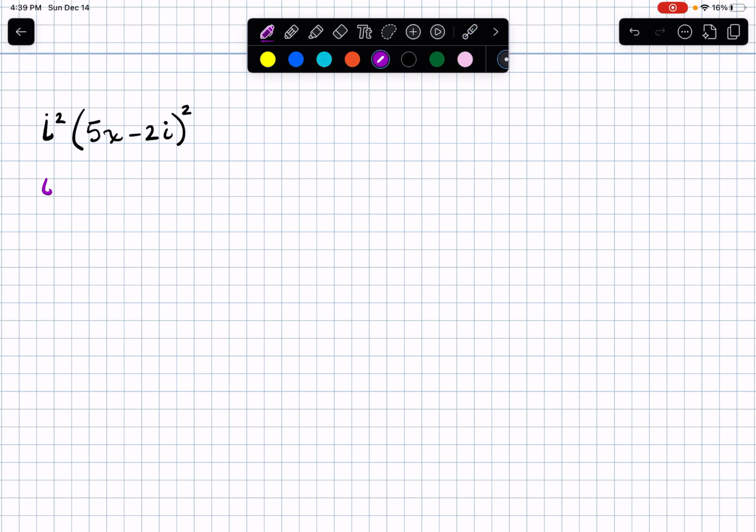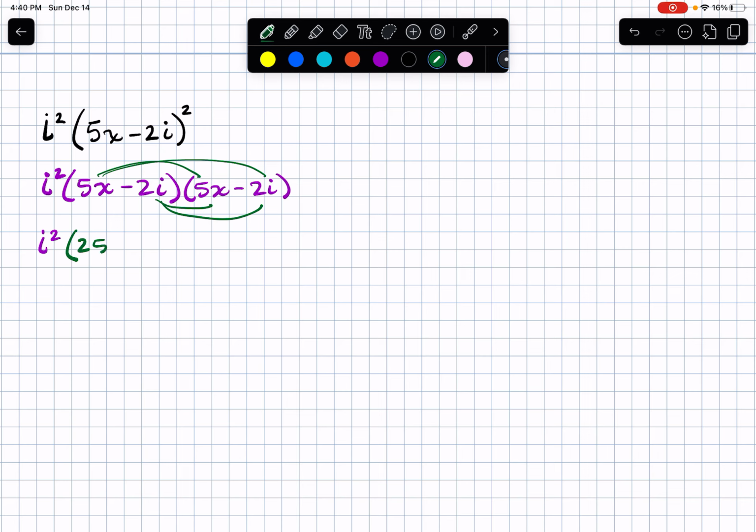So I could do this expanded distribution, treating i the same way I would treat x or y, following all of my same rules of multiplication, like terms, etc. So if I were to treat this like any other expanded distribution problem, I would get i squared times (25x squared minus 20xi plus 4i squared).